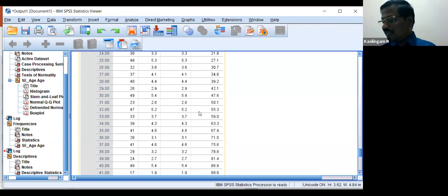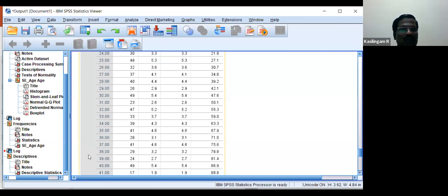Let us assume income of 32,000: some people are at 33,000, 34,000, 35,000, some people are at 64,000 also. So the range above the mean is 32,000 category. But below the mean, if you say the mean income is 18, only 14 category people are there, so the range is less. This is about positive skewness and negative skewness.